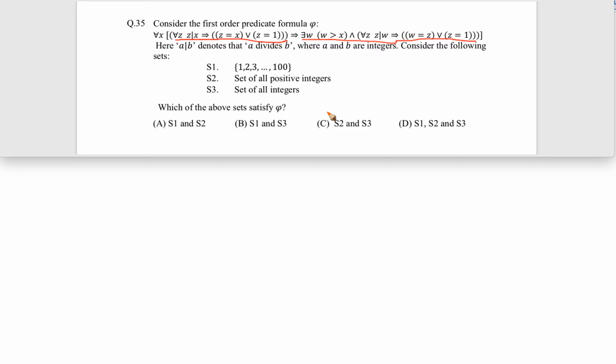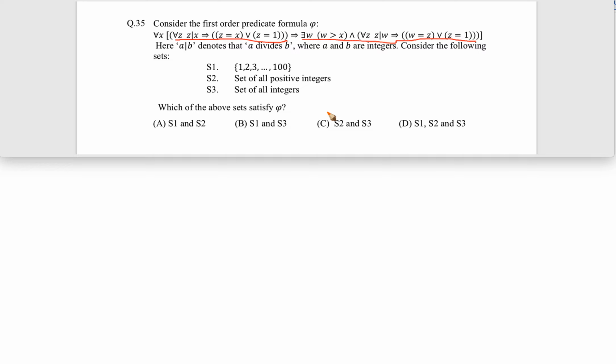Okay, so what is the bottom line? The bottom line is that if x is a prime number, then there must exist another prime number in the set which is larger than that previous prime number. That is the entire meaning of this statement, right? It is a too complicated looking big statement, but this is the boiled down version of that.